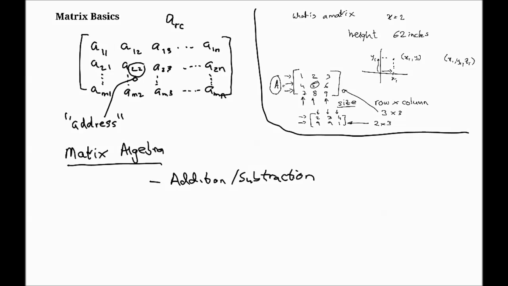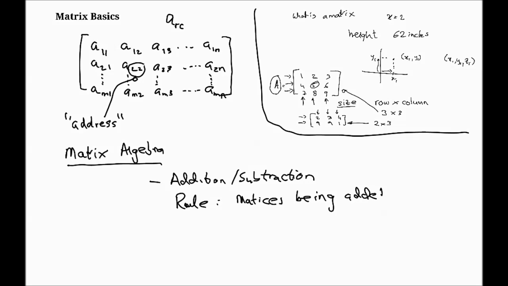So let's have a look. How does matrix addition work? There are very important rules for matrix algebra. For addition, the major, unbreakable rule is that the matrices being added must be of the same size.